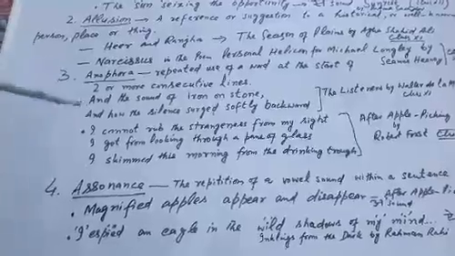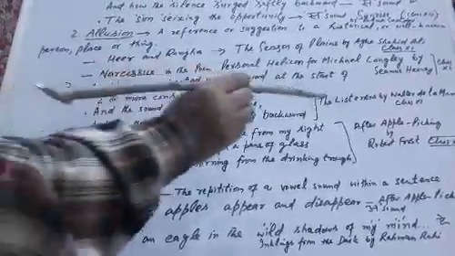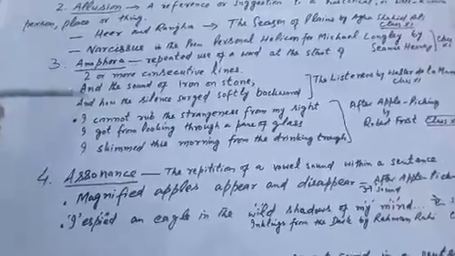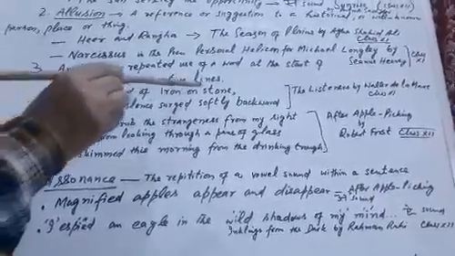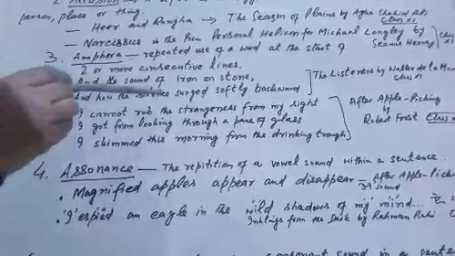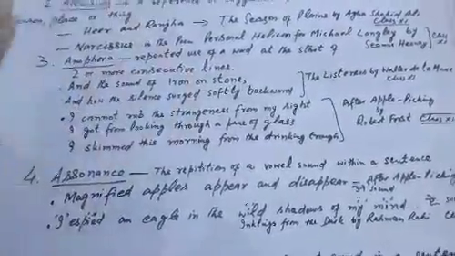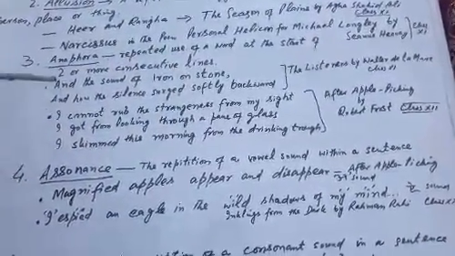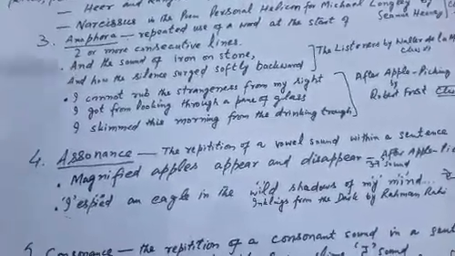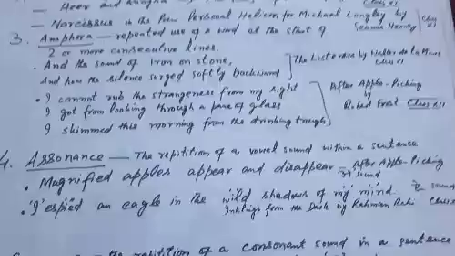For example, in the poem The Listeners by Walter de la Mare, there is a line, "And the sound of iron on stone." उसके बाद की दूसरी लाइन है, "And how the silence surged softly backward." Both the lines start with the same word, and this is an example of anaphora.